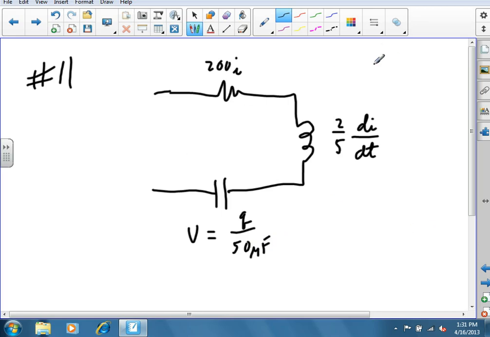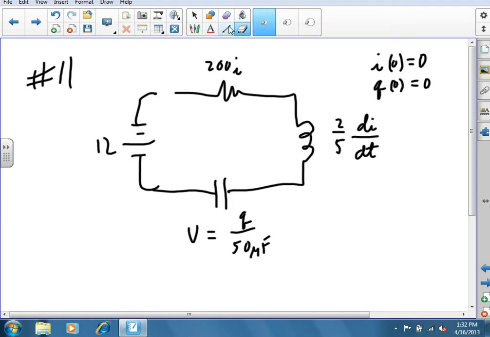And I have initial conditions that say I at 0 is 0. And do I have any others? Q at 0 is also 0. So now I'll be able to solve for constants of integration. And again, I have 12 volts. The problem doesn't say so, but there's some switch that I'm going to throw at time 0.